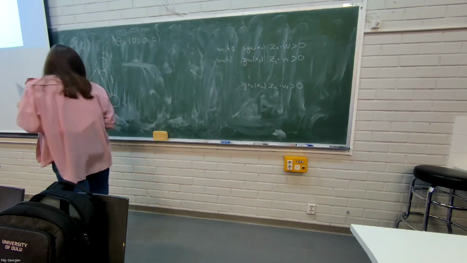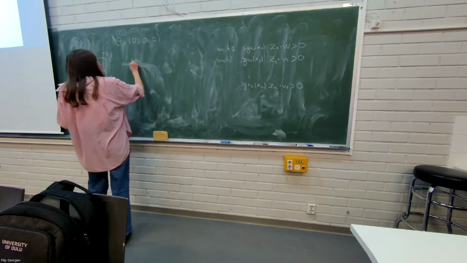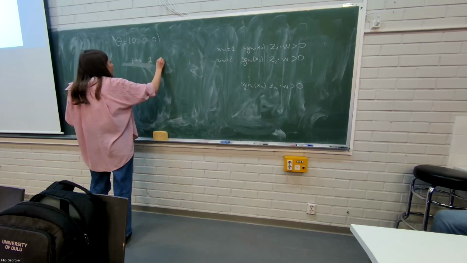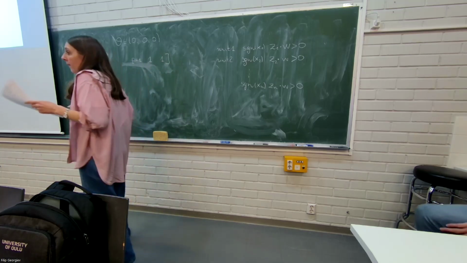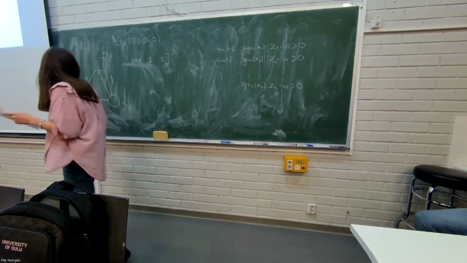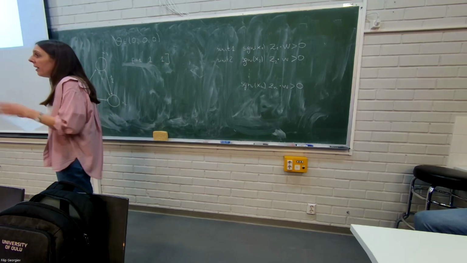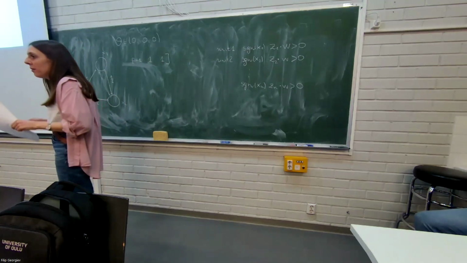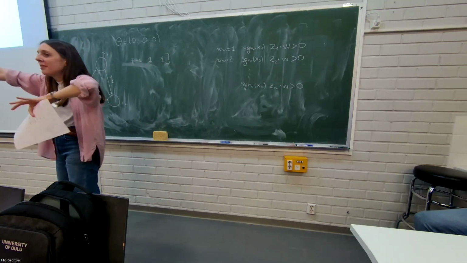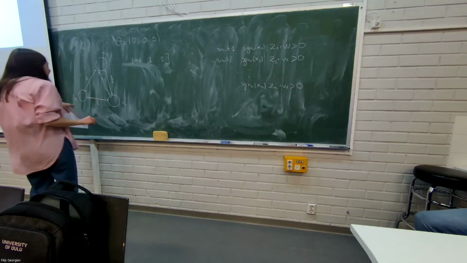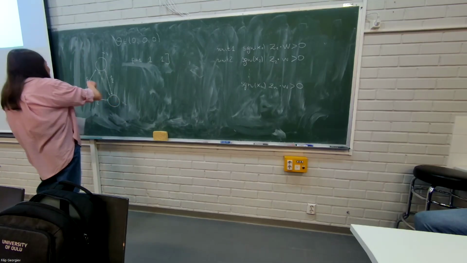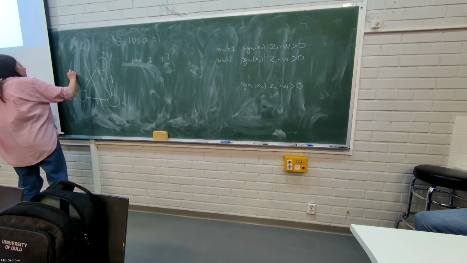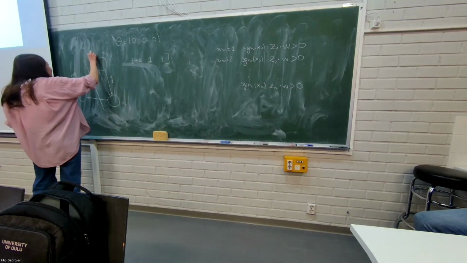Imagine I'm in the state -1, 1, 1. So this is -1 and those two are 1. The idea is that I put all the 1s together and all the -1s together, with a line between them. These are the negatives and these are the positives.